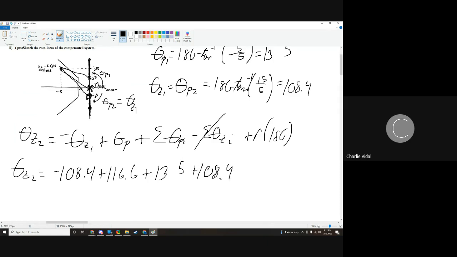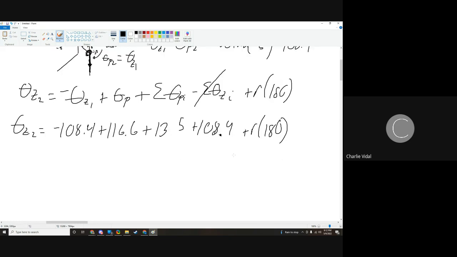This is a positive 108.4. And this is plus r times 180. Okay. So as I said, these two points are going to cancel out, and you're left with theta z2 is equal to 251.6, and you're going to choose an r value that makes it less than theta z max.